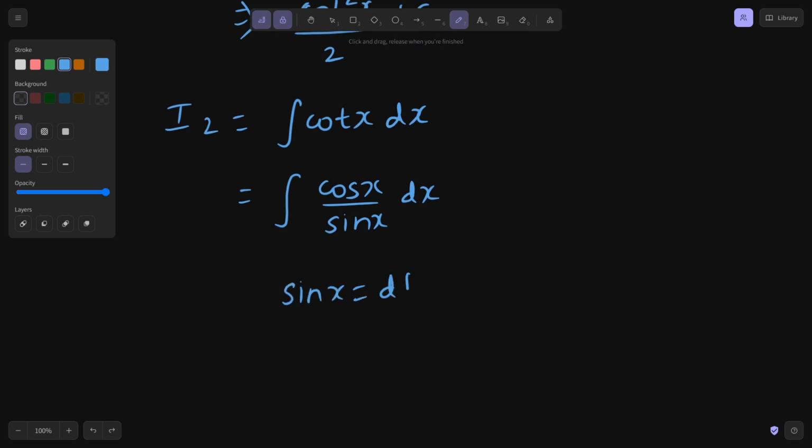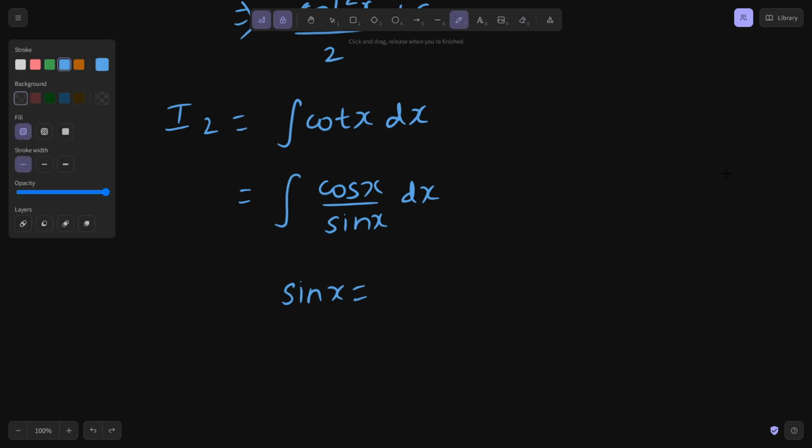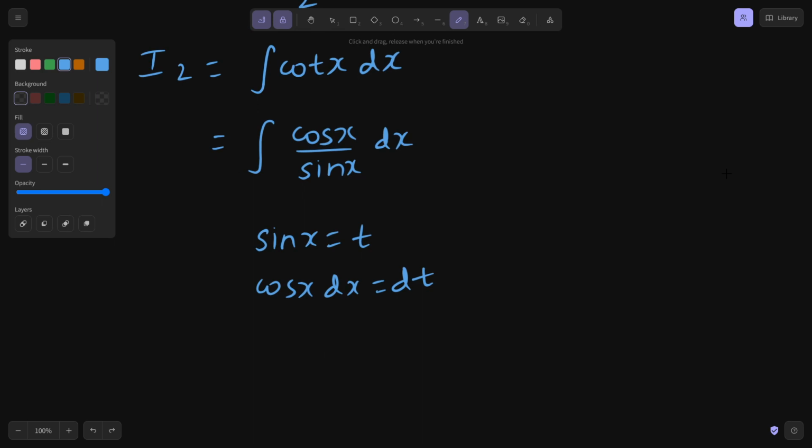You know derivative of sin x is nothing but cos x. So cos x dx is there in numerator, that becomes dt, and in the denominator you have t. dt by t integration is log mod t. t was your sin x plus, let's say, c2.